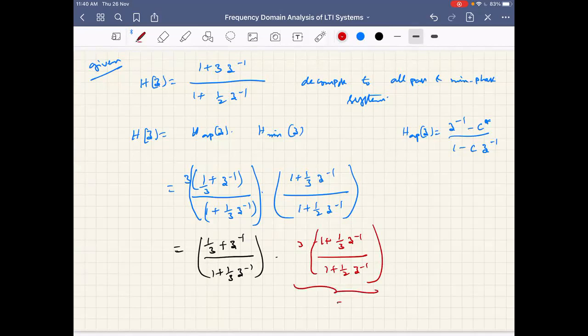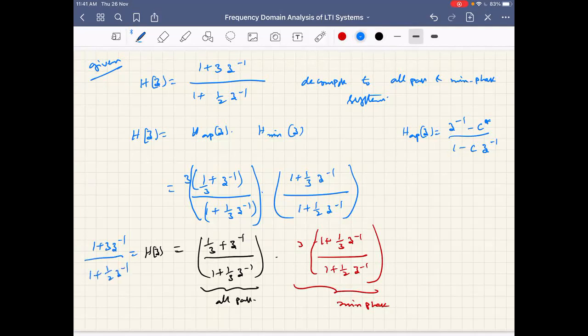This whole thing is minimum phase, and this first term is all pass. And this is H(z), which is equal to (1 plus 3z inverse) by (1 plus half z inverse).